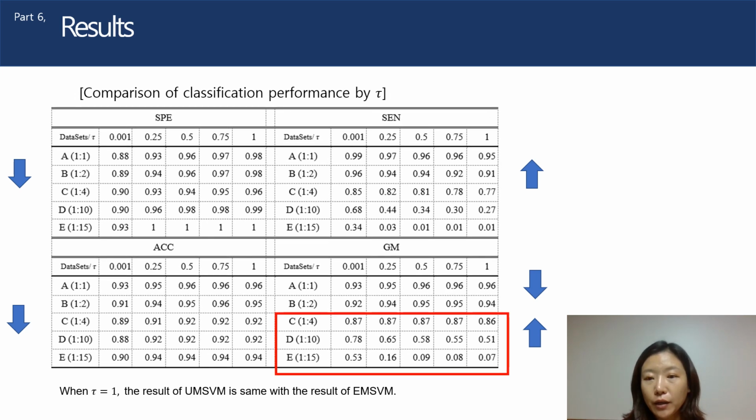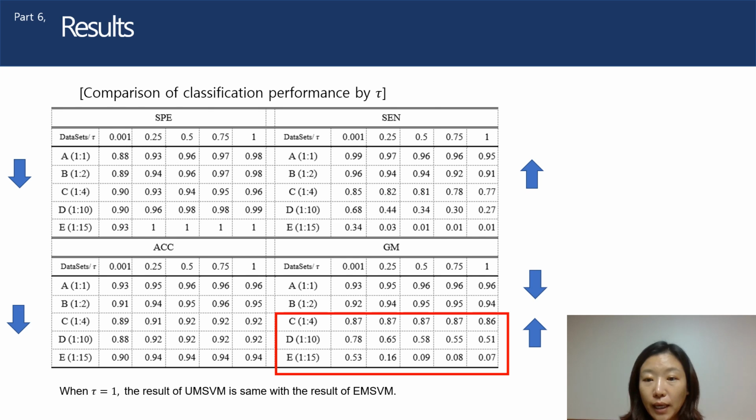Third, arithmetic accuracy tends to decrease continuously and gently as tau decreases. This is because arithmetic accuracy largely depends on the specificity of the majority class and does not respond well to the sensitivity of the minority class. And finally, geometric mean accuracy shows inconsistent results, which means that there is a trade-off between increasing sensitivity and decreasing specificity.